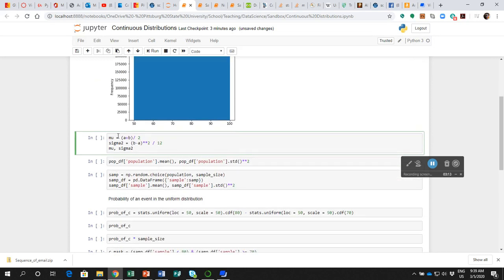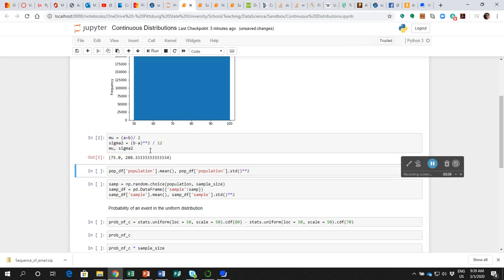In this next step, we're going to calculate our mean, (a + b) over 2, and calculate our variance. I'm going to call it sigma squared as opposed to var, because sigma is our standard deviation, and so sigma squared is our variance. And then I'll print out what that is.